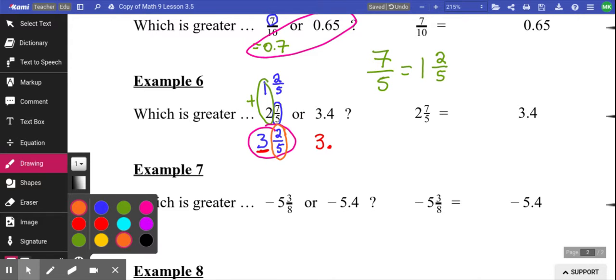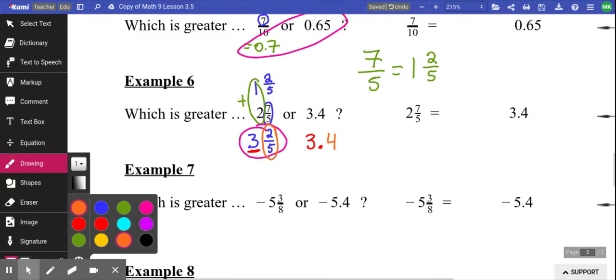That means this is 3.4. So by converting that improper, mixed fraction, it's kind of both, to be 3.4, we can now compare the two. They're actually equal to each other. So 2 7/5 equals 3.4. Neither one is greater. That one's a hard one.